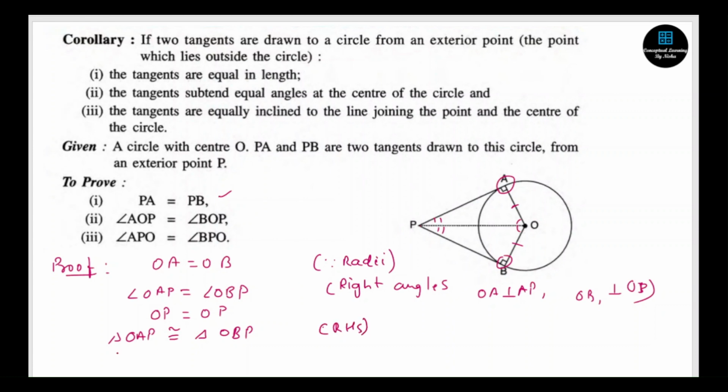Correct. And hence by CPCT, these three things can be proved. So you can simply write that. Hence by CPCT, PA equals PB, angle AOP equals angle BOP and angle APO equals angle BPO. And hence proved. Alright.